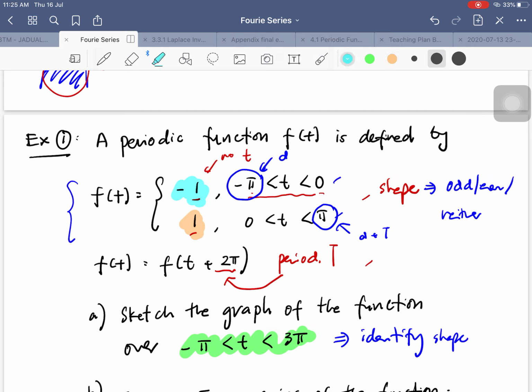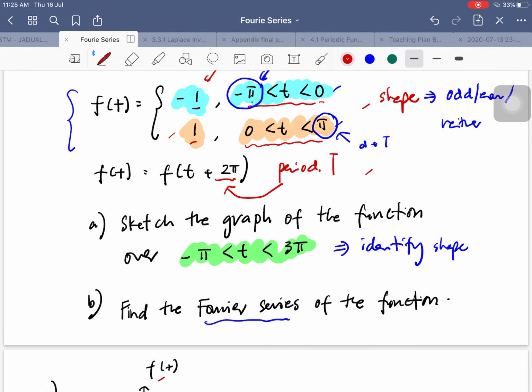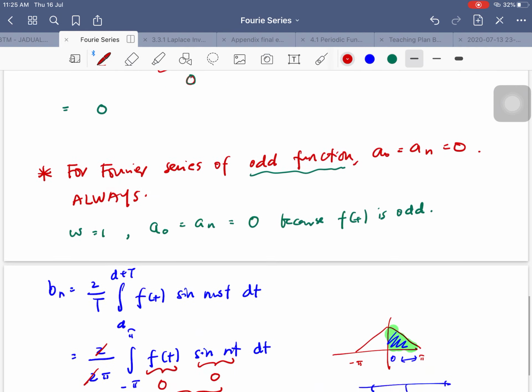It depends on this interval. If I want something from negative pi to 0, I'll choose -1, or if I want something that covers from 0 until pi, I am going to pick positive 1. And of course, for this case, because our integration covers from 0 until pi, my function f of t is going to equal 1.